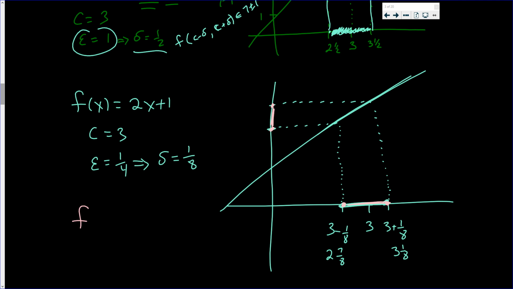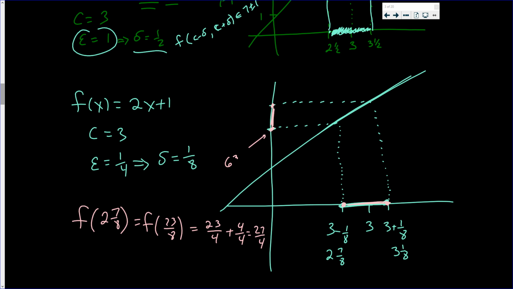What is f of 2 7/8? This is 23/8. When you double that, you get 23/4 plus 1, which I'll write as 27/4. That's 6 3/4.